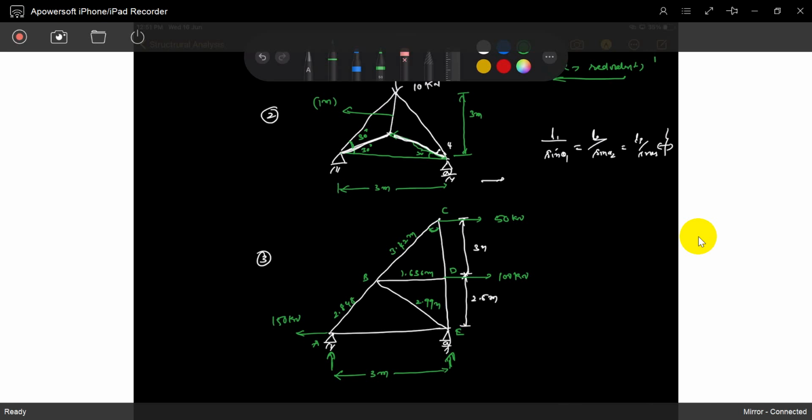First you solve it, and I will put one redundant here. What is that redundant member? AD. AD length I will give: 3.91 meters. I will give all lengths, and based on that you can calculate the angles.